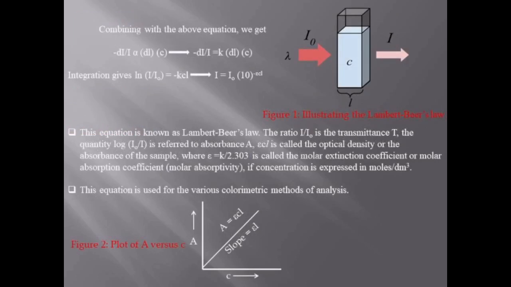If we combine these two laws, we will get the equation minus dI by I proportional to dl c, minus dI by I equal to k dl c. If we integrate this, then we will get ln I by I naught equal to minus k c l.